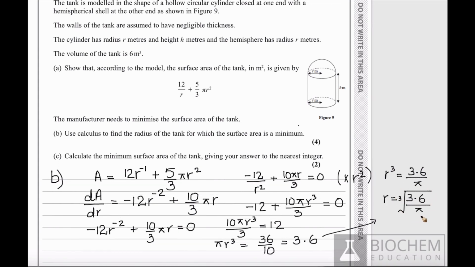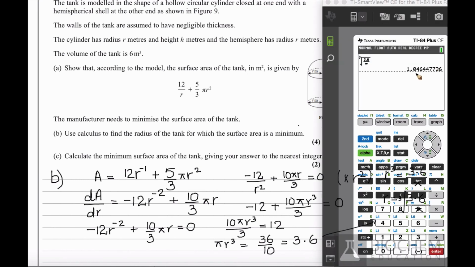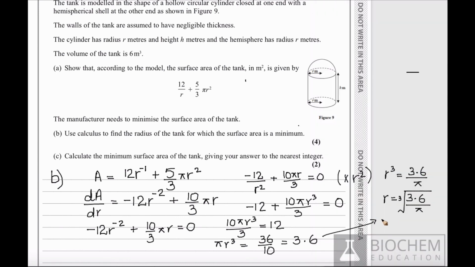Now we can put this value straight into the calculator and get a value for r. And the value I obtain is 1.046447736. So correct to 3 significant figures, the answer for r would be 1.05. Therefore, I can write my answer as r is equal to 1.05, correct to 3 significant figures.